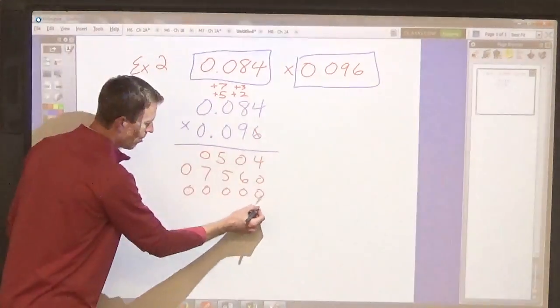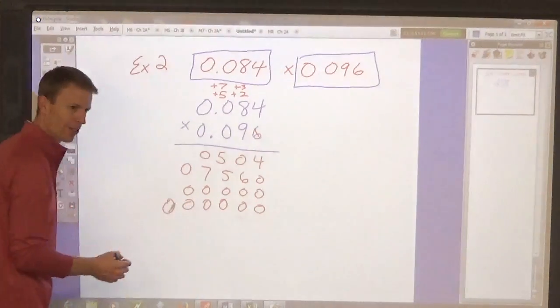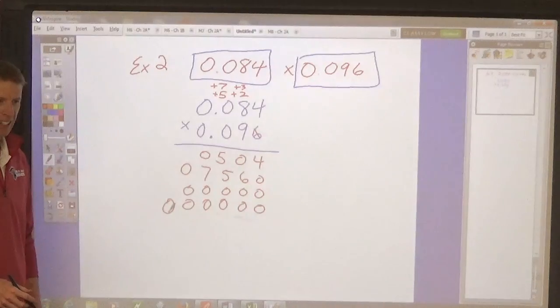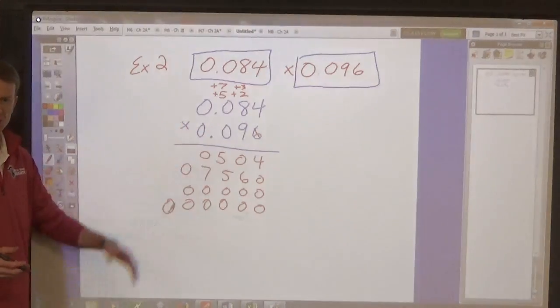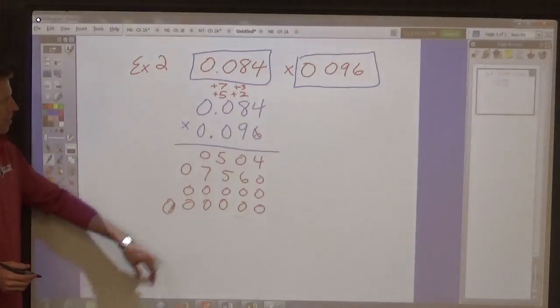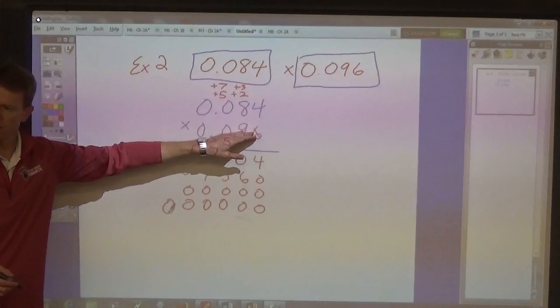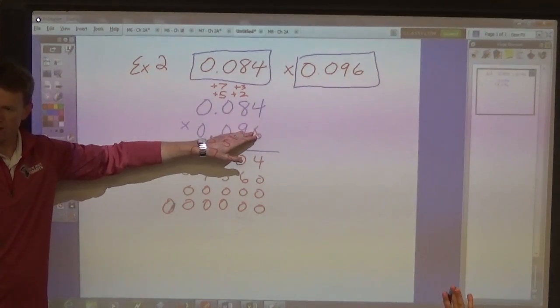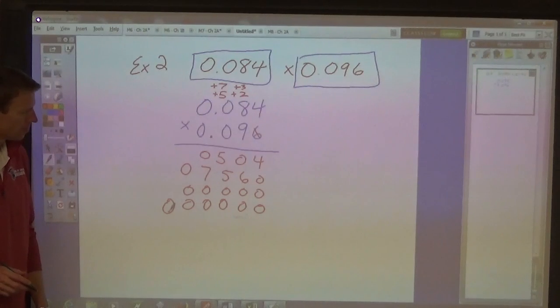It's not going to change if I'm multiplying by 0, it's just 0. Okay? I don't need to multiply these zeros once I'm done with the digits. Yes? So the bottom line is supposed to add another 0 instead of the bottom line.